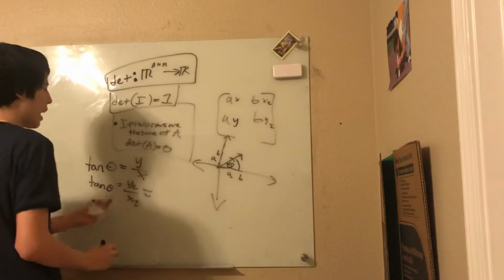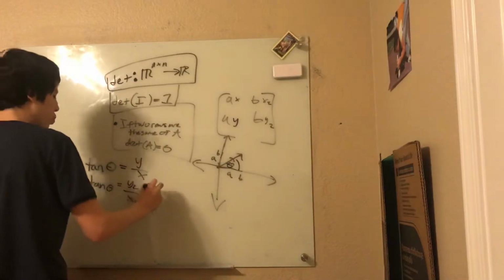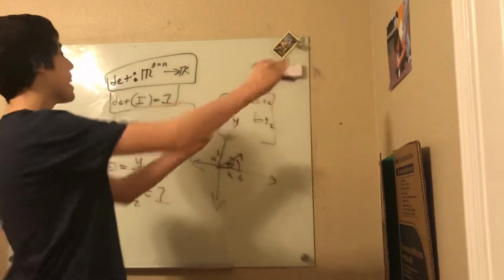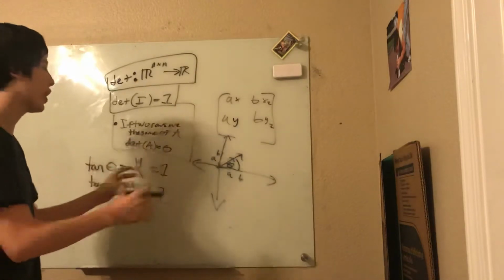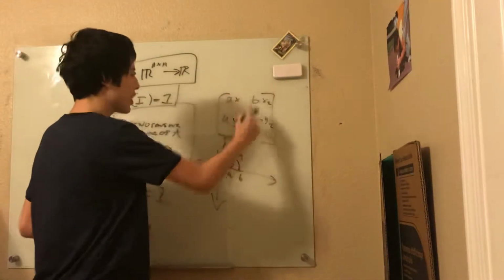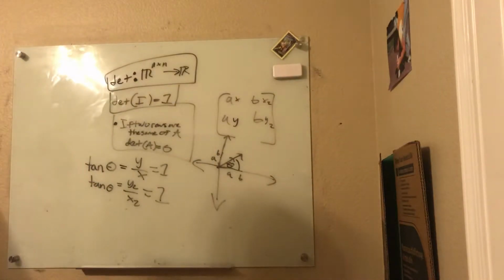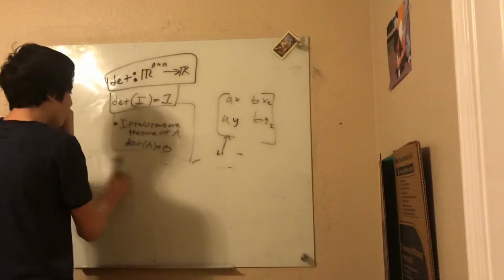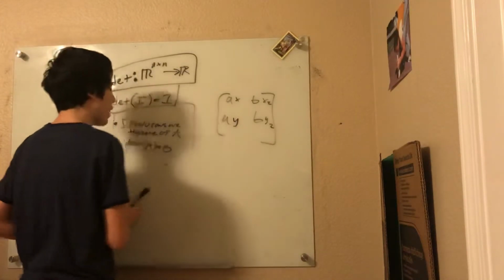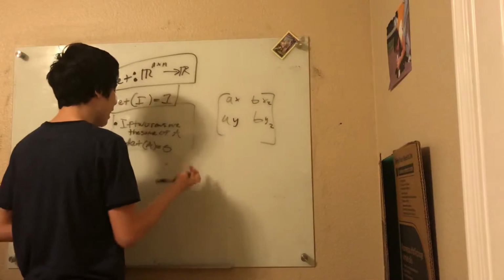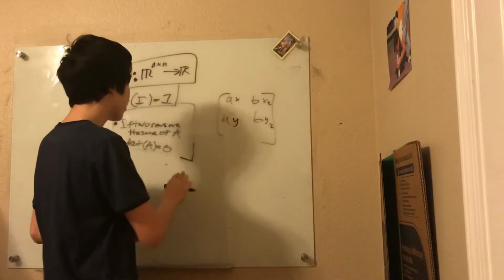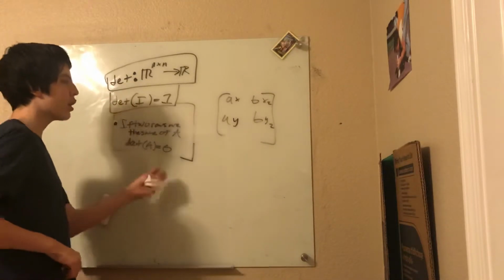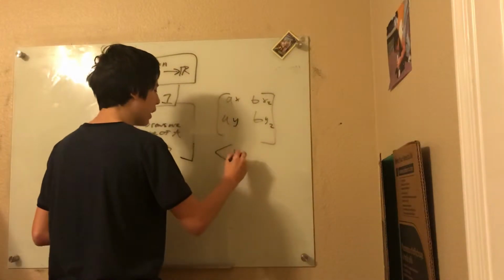But guess what? x is equal to y, and y2 and x2 are equal, so this is equal to 1, this is equal to 1. So they're going in the same direction. So they're going to overlap. So these are going to be, they're basically just going to be 1, 1, right?